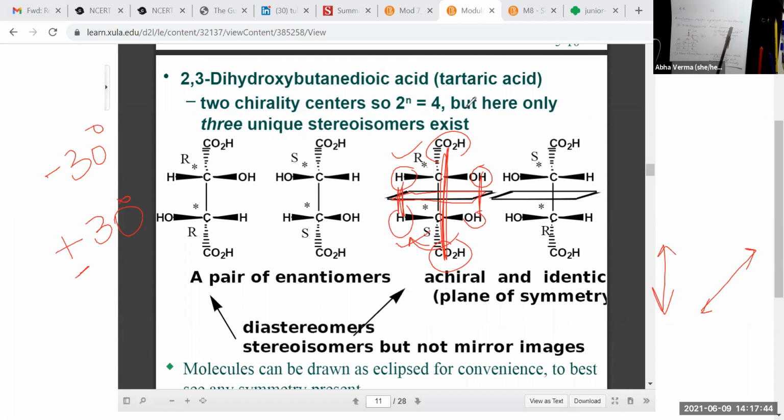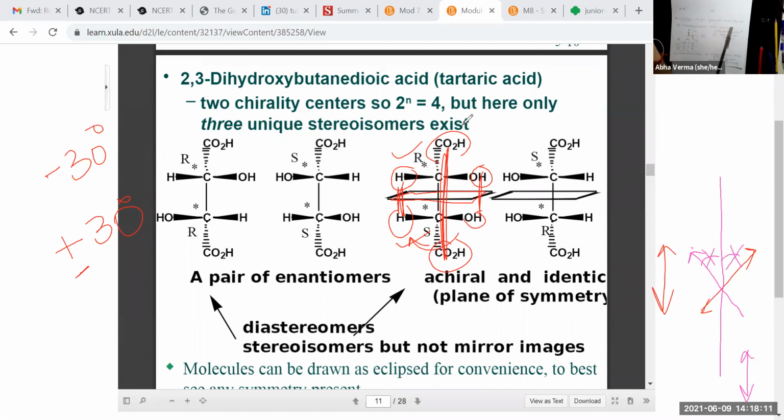Enantiomers rotate the plane polarized light to exactly the same extent but in opposite directions. So while one enantiomer rotates the light to the right, the other enantiomer will try to rotate the light in the exact opposite direction. What will happen overall? Overall, no rotation will happen.